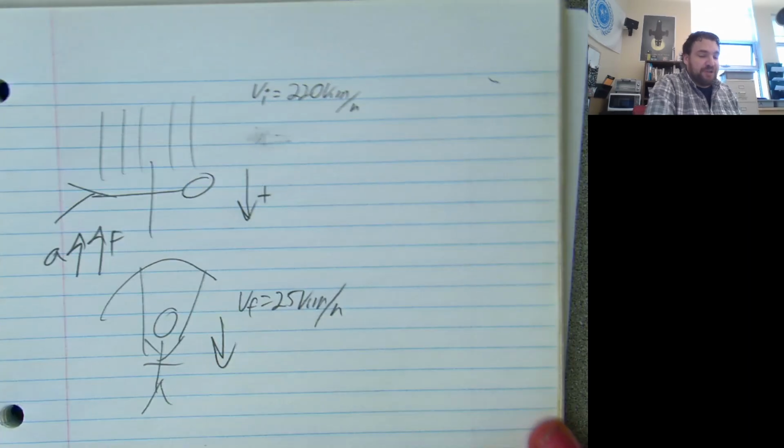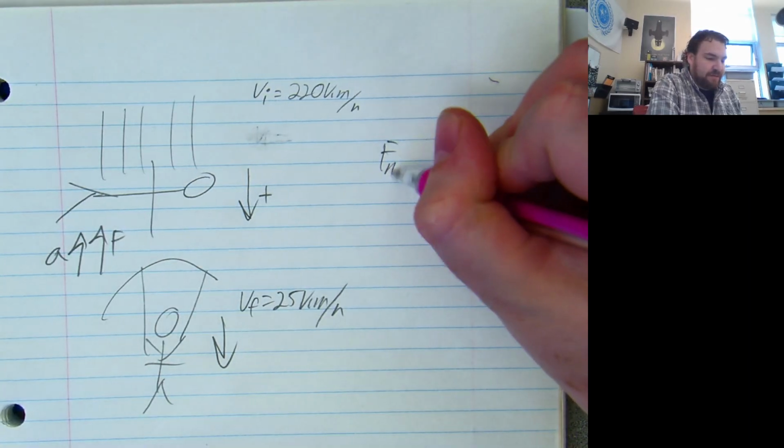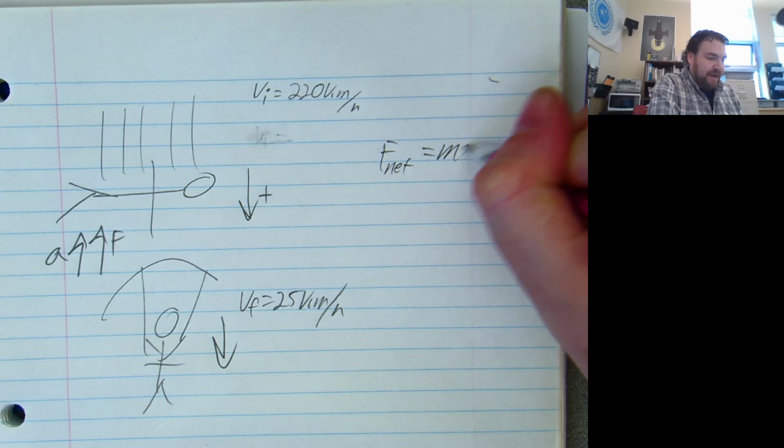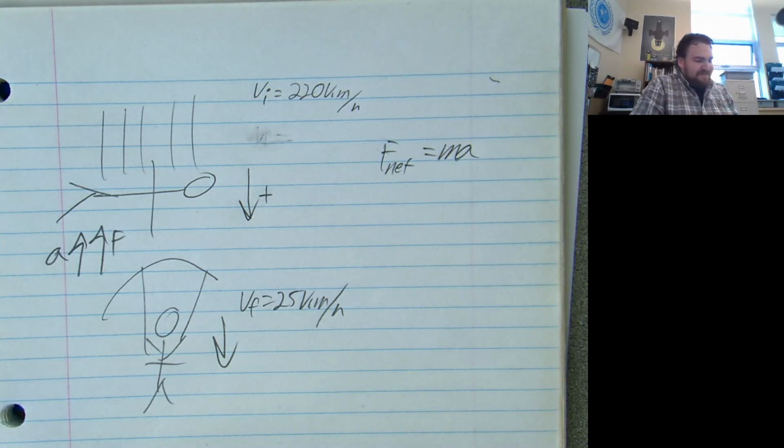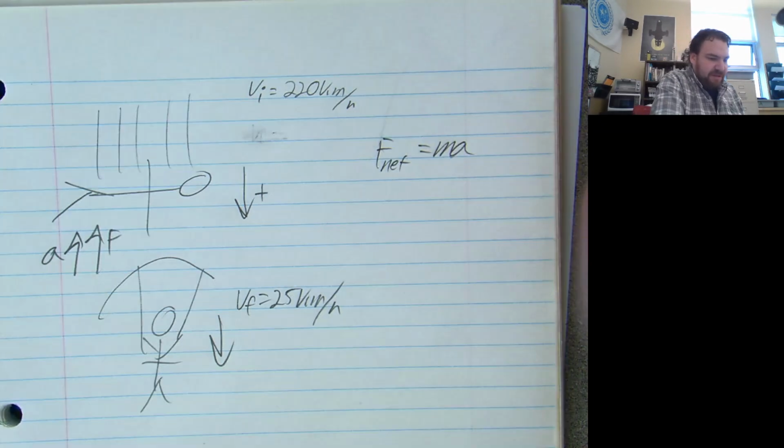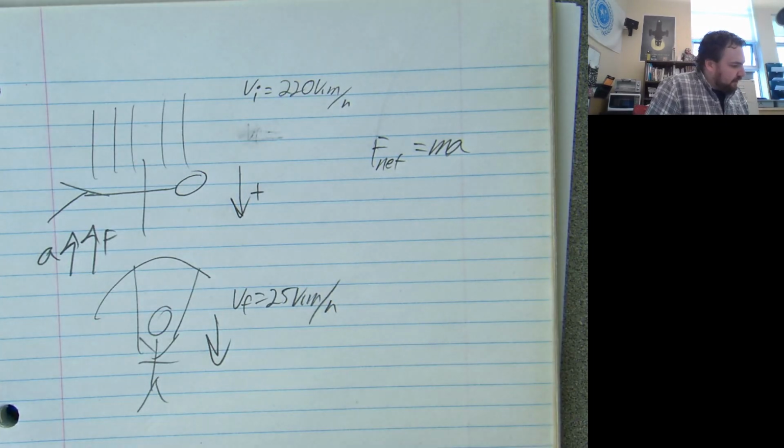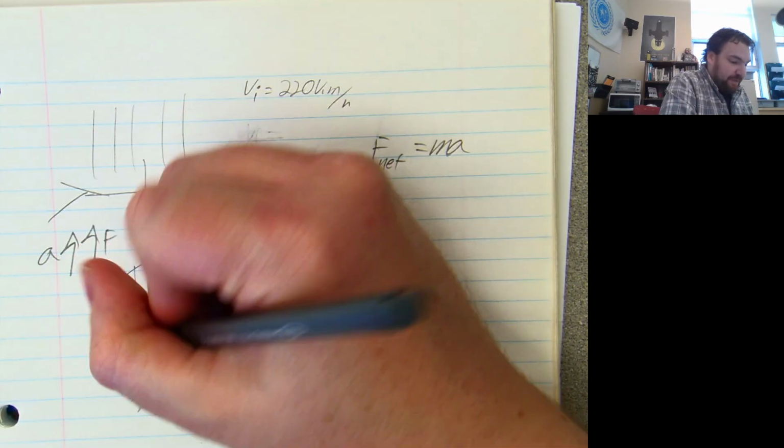So everything here starts with F net equals ma. What forces are acting on her during her deceleration? Brad. F air, resistance. So there's going to be F air up.